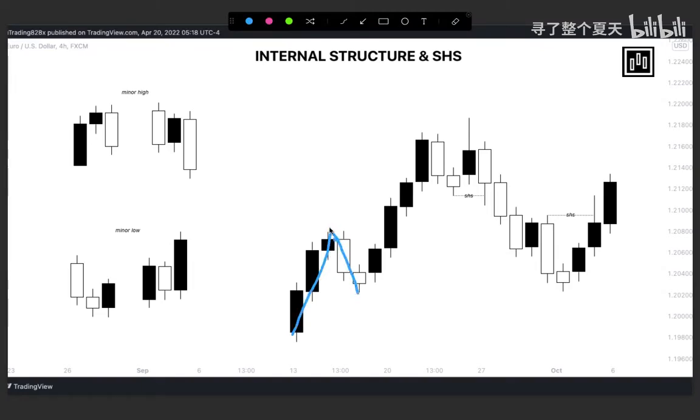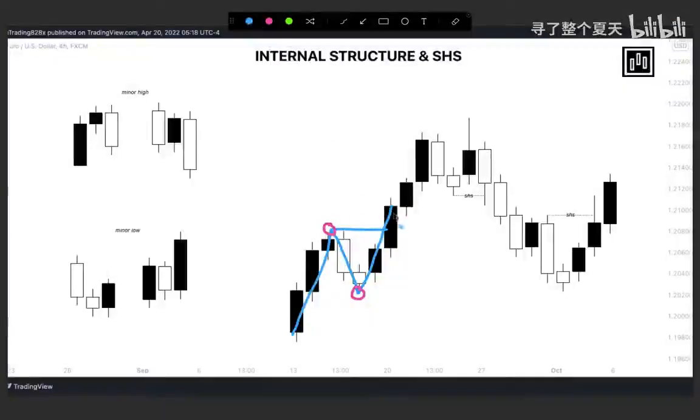So this is my swing high. Now the question is, when are we going to regard this low as a swing low? When we break and close above that high. Once we start breaking and closing above that high, then we're going to regard this low as a swing low because it took out the swing high.